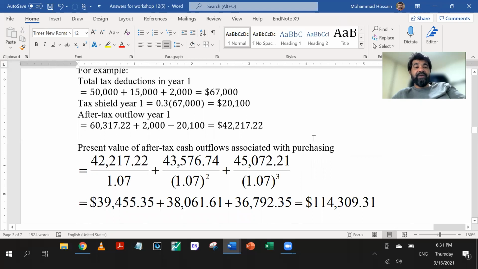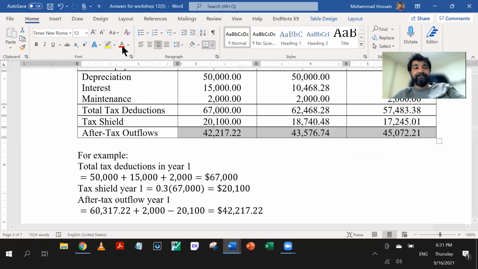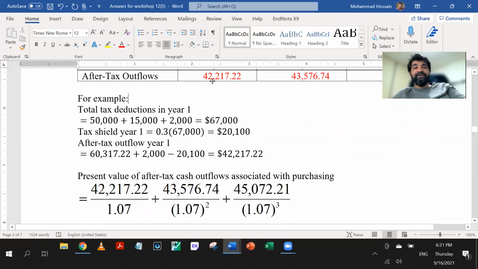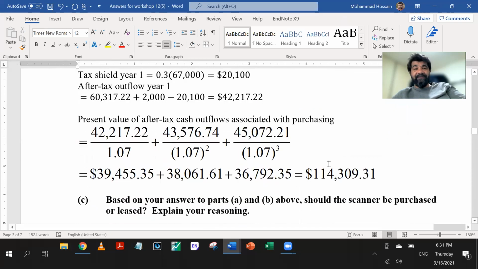So now we have to calculate the present value of these 3 figures. Look, these are not the same figures, so we cannot apply the annuity formula here.